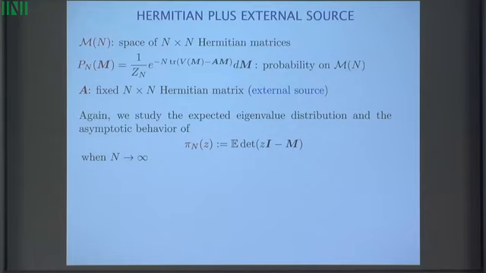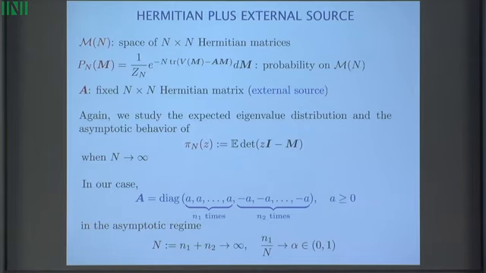So again, we'll be looking at the asymptotic behavior: what happens with the eigenvalues or with the expected characteristic polynomial in this model. And I will be looking at a very specific case, well studied, but which already has a lot of interesting features, when my matrix has only 2 eigenvalues. Well, this matrix is Hermitian, so it can be diagonalized.